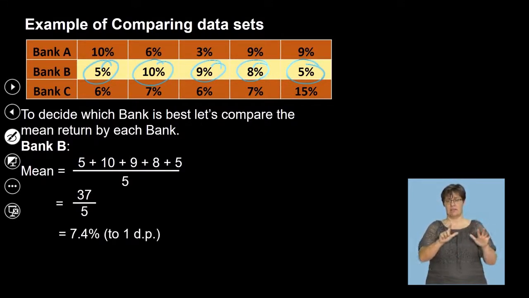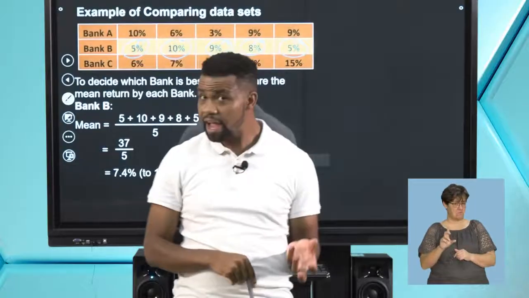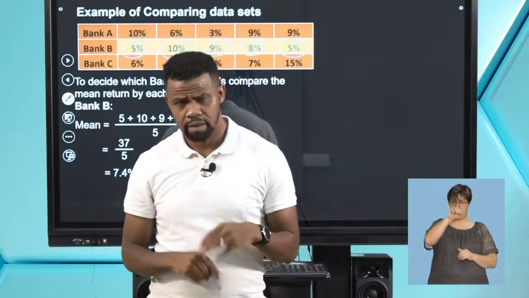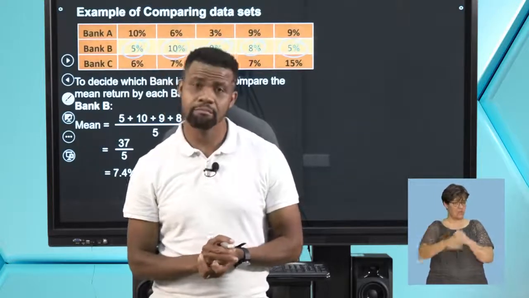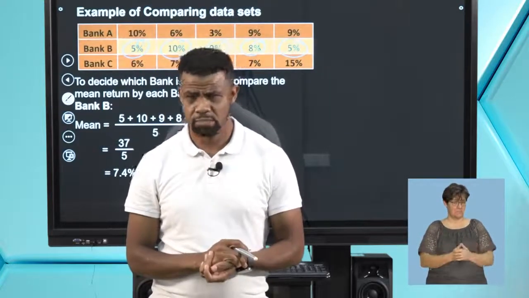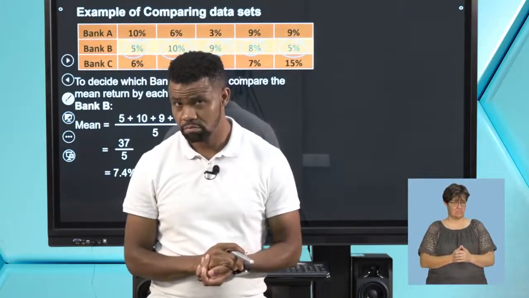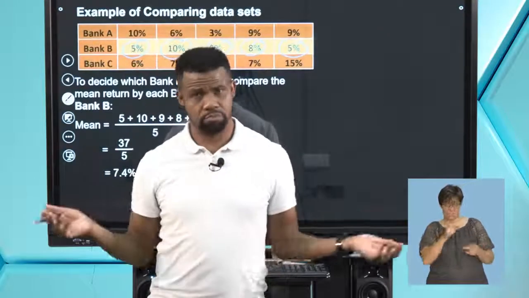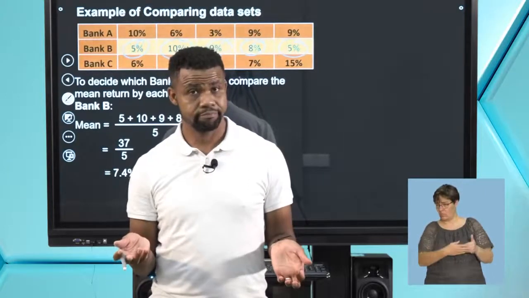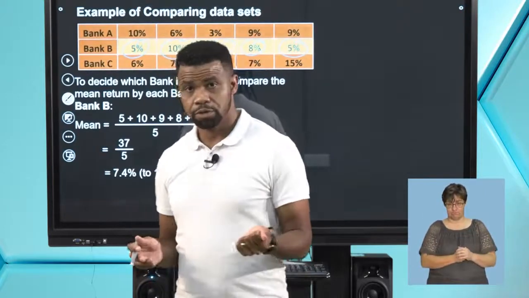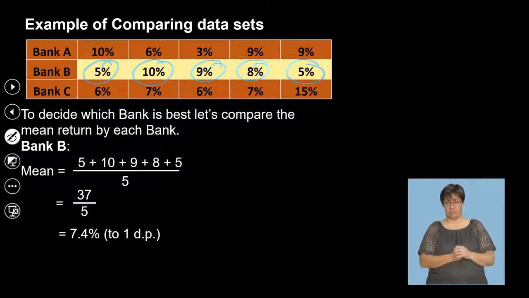Interesting. Bank A and Bank B, the average in the past 5 years is the same. Does it mean it doesn't matter which one I choose? Or must we explore more?